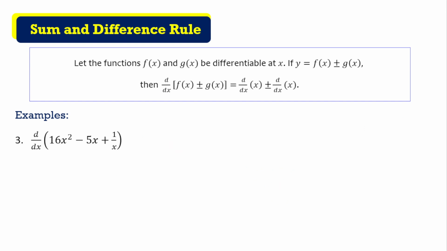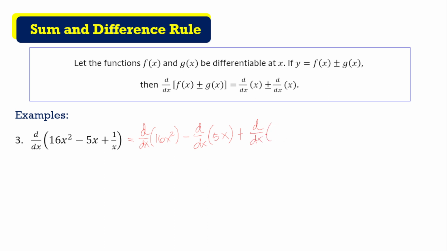Now, another example. We have this trinomial expression. We have 1, 2, 3 terms, a trinomial expression. Now, for the derivative of that function, of course, we are operating under difference and sum, so we are applying both the difference and sum rules. We'll separate each term. So we're getting the derivative of 16x squared, subtracted by the derivative of 5x, then added by the derivative of that last term, which is 1 over x.